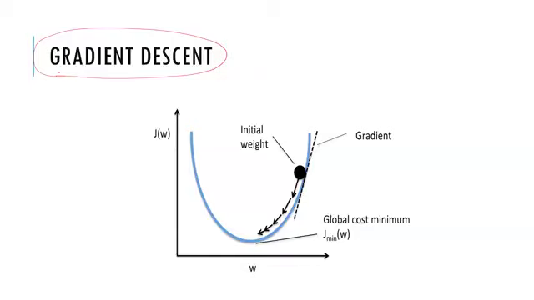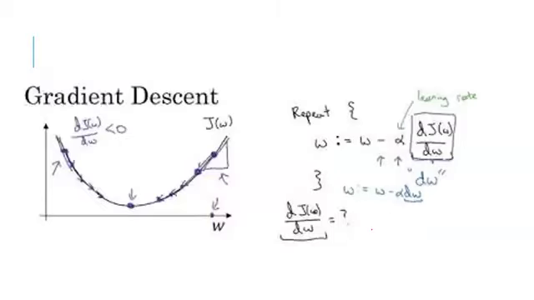Okay. So this is how it works. The neural network will randomly start at one point. Okay. And every time it will go and optimize the weights so that it reaches this minimal point, and that is known as the global minimum point, right?